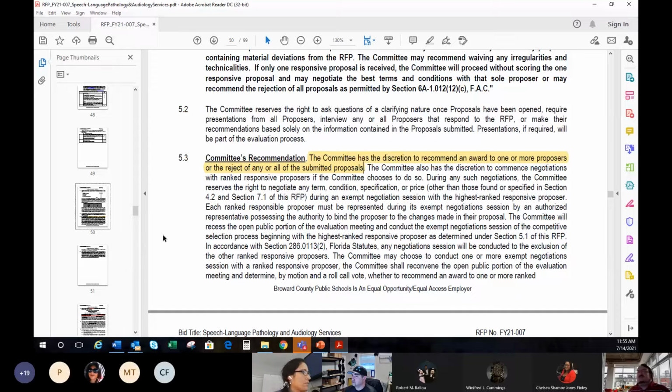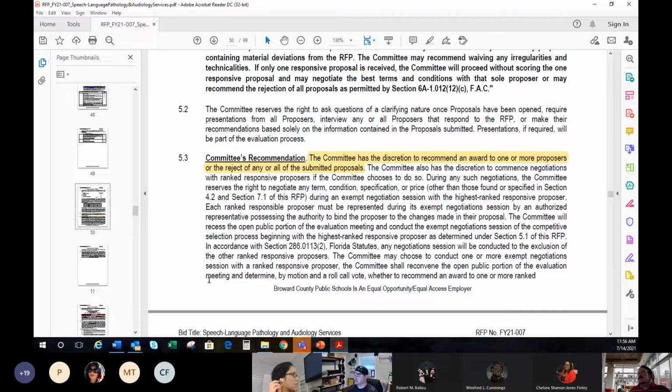They could come up and basically say, no, there are no proposals that meet what we want to do. If that's the case, then most likely the RFP would have to be rebid again and whatever specifications corrected for the next time it goes out.